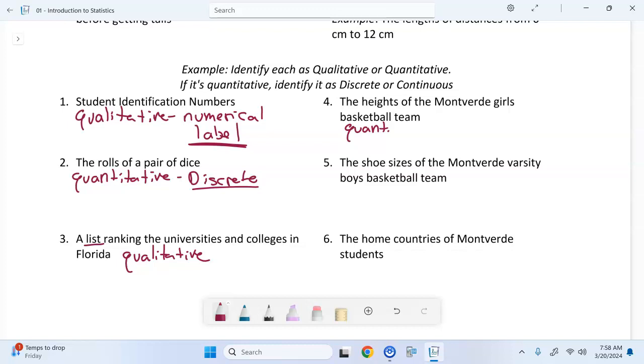Why do you think? Yeah, we could keep going, right? If I had a ruler that had finer and finer measurements on it, or if I had some way to measure using lasers or whatever, I could continue with more and more accuracy to get more and more specific values of exactly how tall they are. It's continuous.